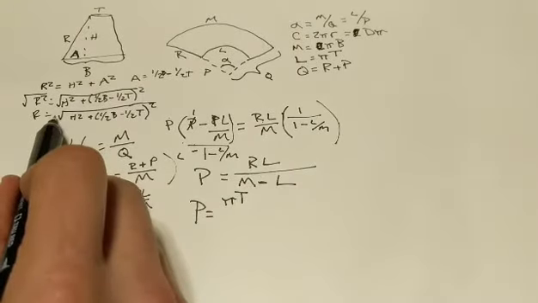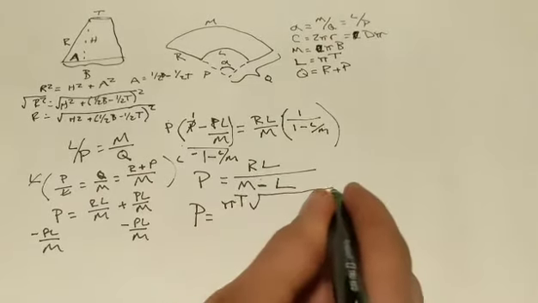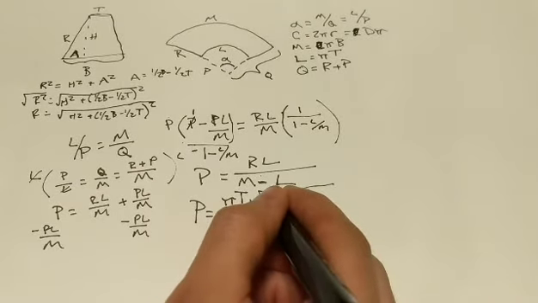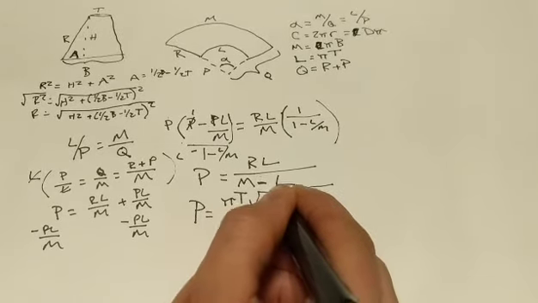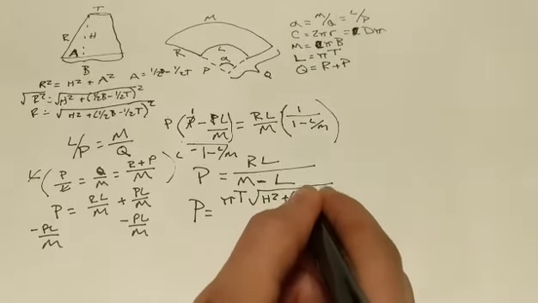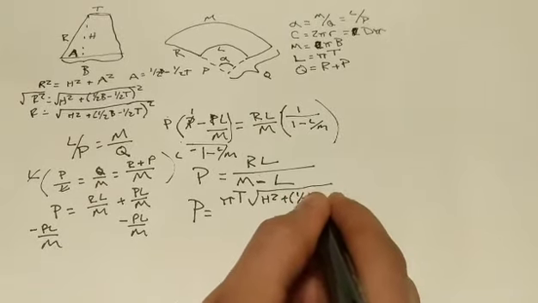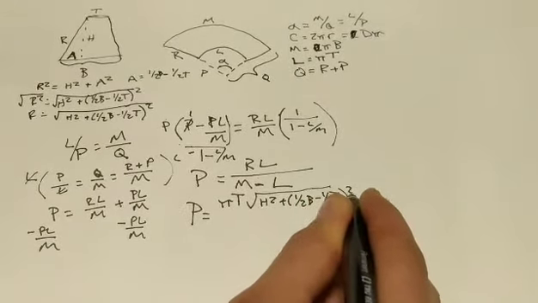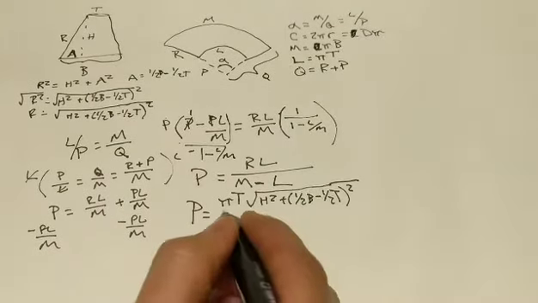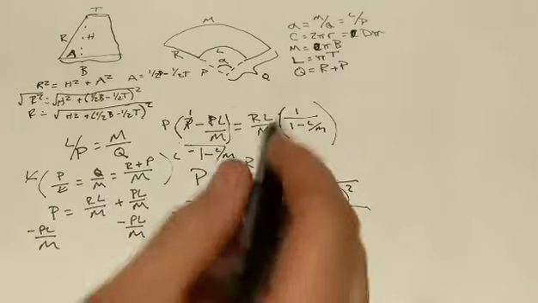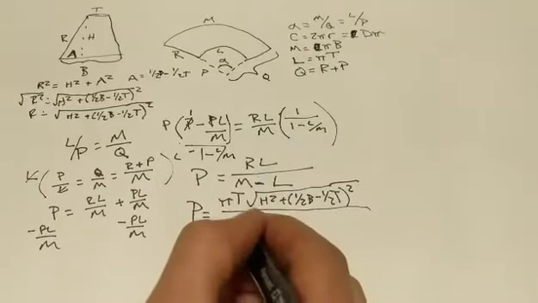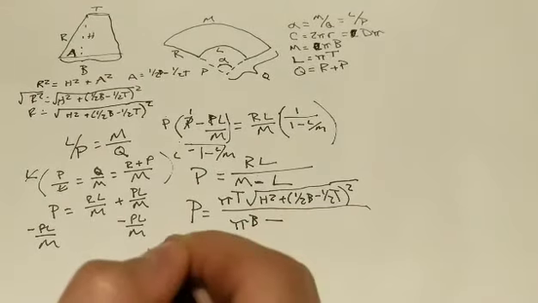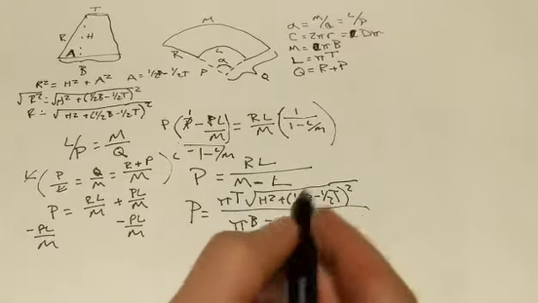R over there is the square root of h squared plus parentheses 1/2 b minus 1/2 t squared, over M over here, pi b minus L, we already did, pi t.